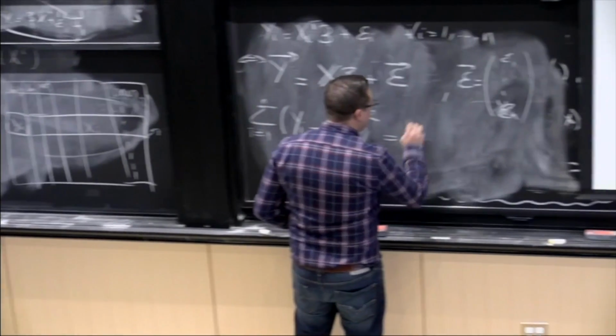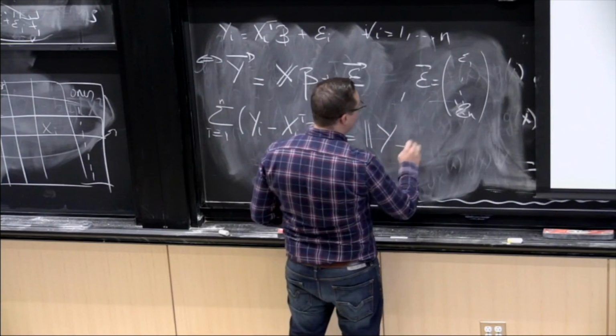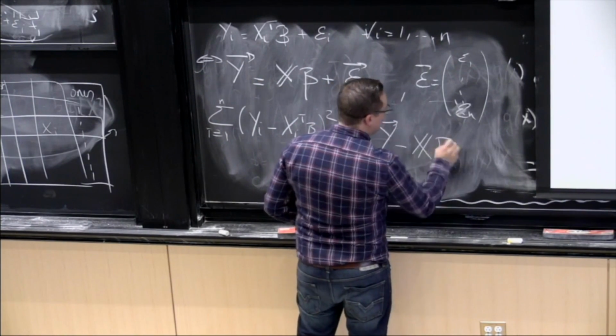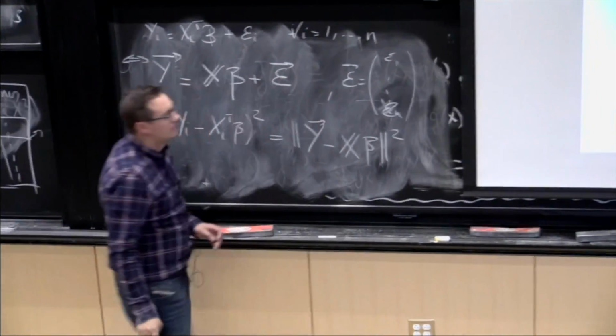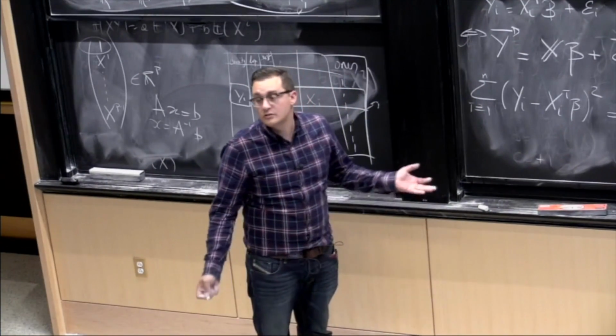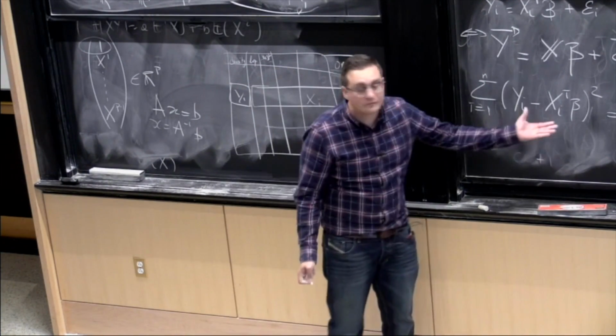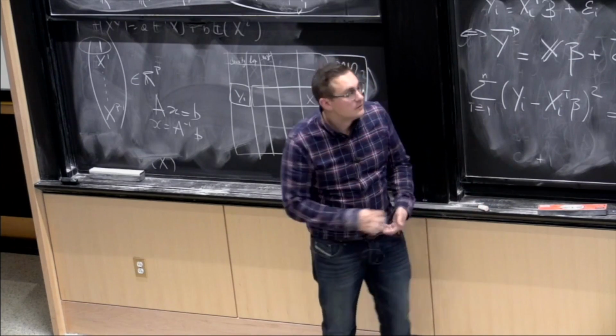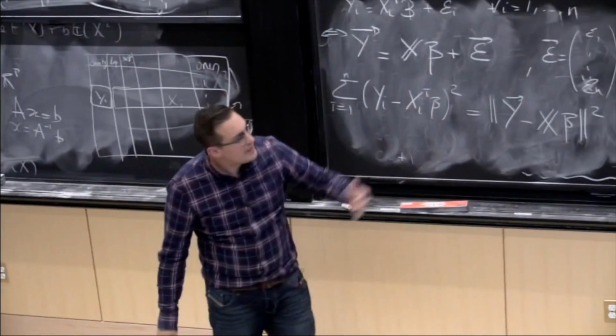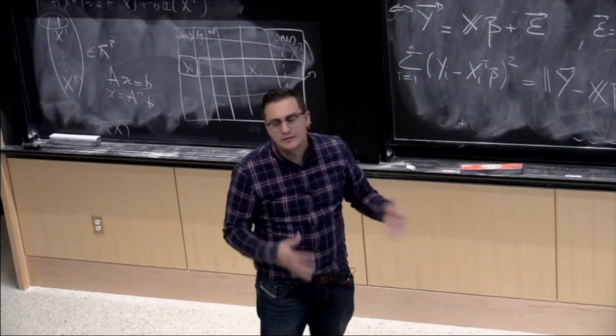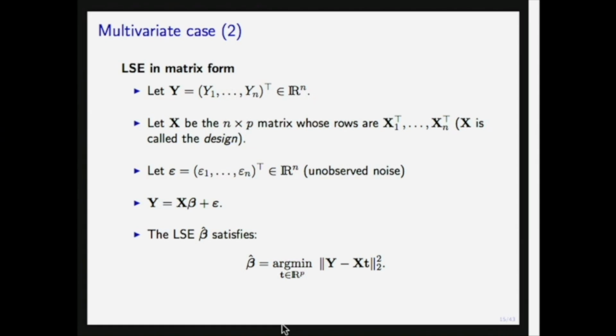So this is actually equal to the norm squared of y minus X beta. That's just the squared norm, which is, by definition, the sum of the squares of the coordinates. And so now I can actually talk about minimizing a norm squared. And here it's going to be easier for me to take derivatives. All right, so we'll do that next time.